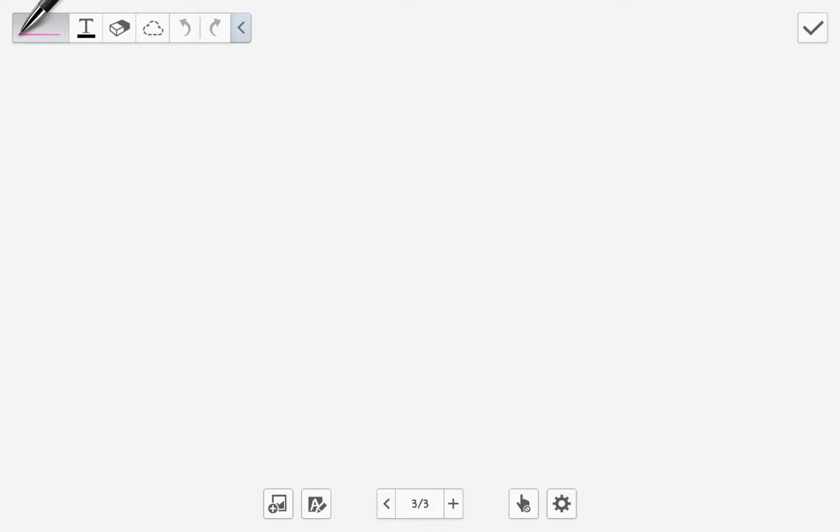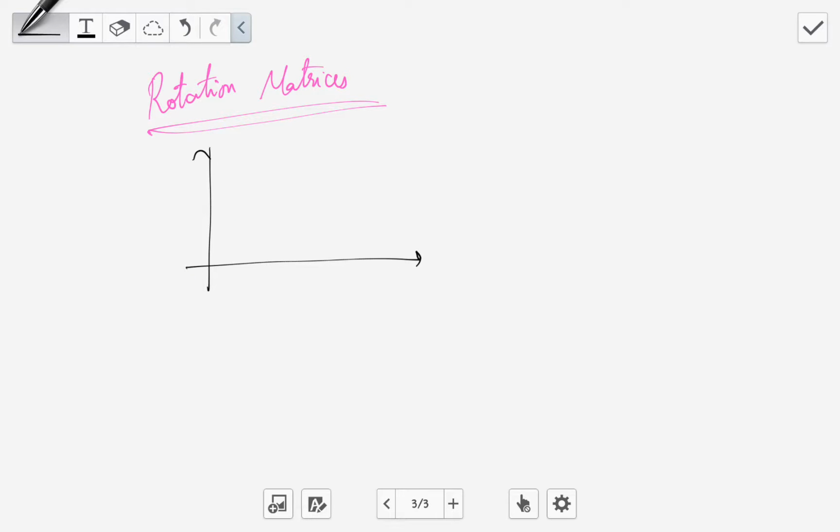Now, say there are something called rotation matrices. So what are these rotation matrices? Let us derive the rotation matrix, so that you have a clear feel towards it. Say this is your x, this is your y.